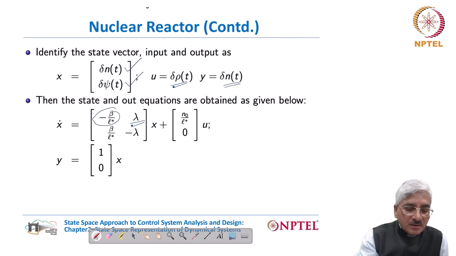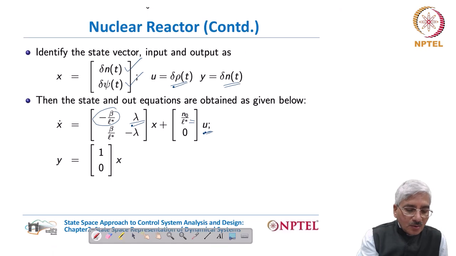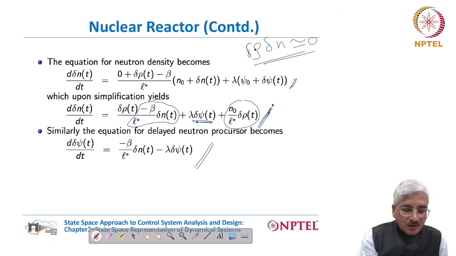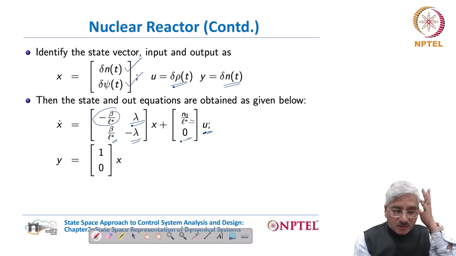So that comes here, n0 by L into delta rho, which is u. And the second equation is for the delayed neutron precursor. d delta psi by dt is beta by L into delta n. So beta by L comes here, and minus lambda times delta psi, so lambda comes here with the minus sign. And it doesn't contain the input term, so that term in the input matrix is 0.